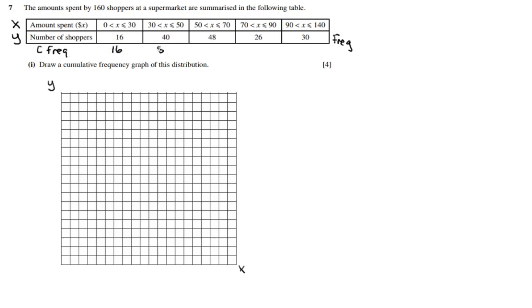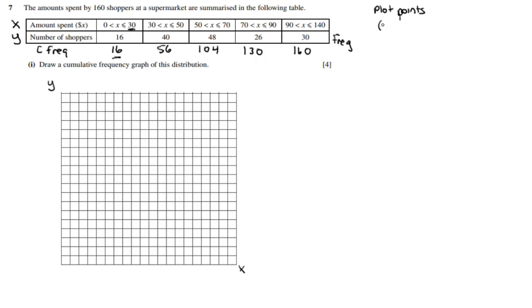The first one will be 16, and the next one will be 40 plus 16. The next one will be 56 plus 48, and then 26 plus 104, and 30 plus 130. And now I've changed this to a cumulative frequency table, all right? And all I got to do is plot the points. Now, the points I'm going to plot are going to be the highest level in each grouping with the cumulative frequency.